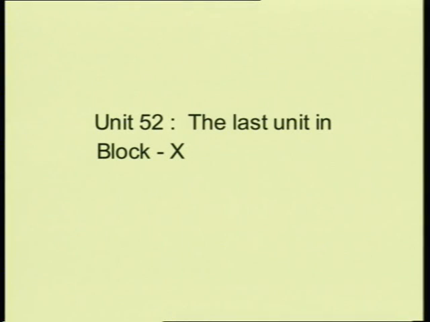Next, the question about the term and examination. There is a model term and examination question paper in Unit 52. You would find that there are a couple of passages from each block.